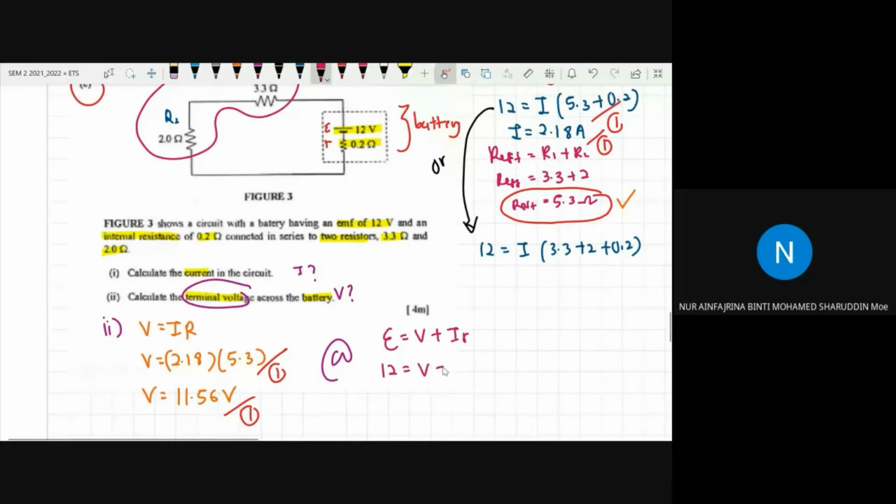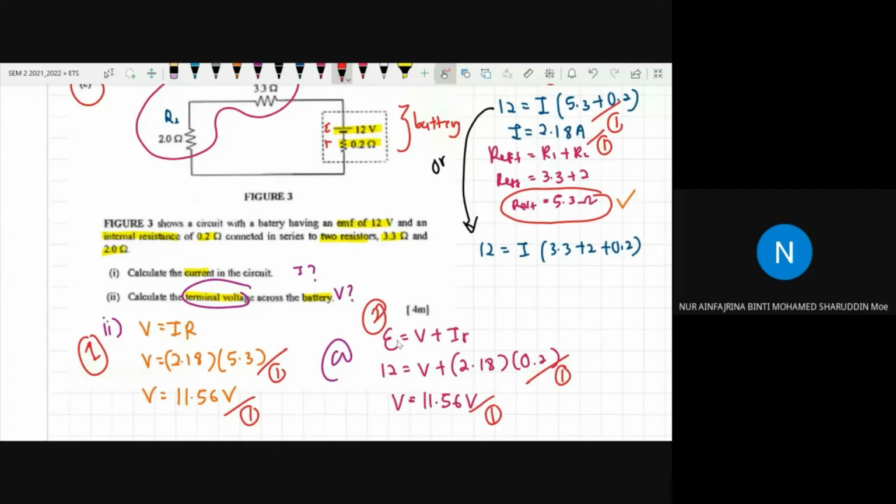Okay, V adalah V. Current you adalah 2.18 and your internal resistance is 0.2. So you rearrange the equation and press the calculator, you will get 11.56 volt. So tak kisah. Either that way or this way. We can use the first way or the second way. Up to you guys. Both methods are acceptable in exam.